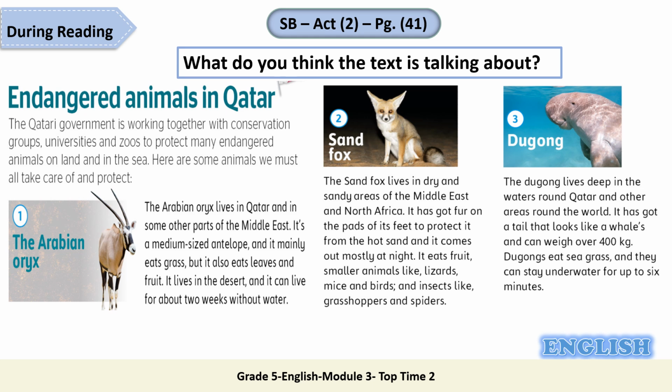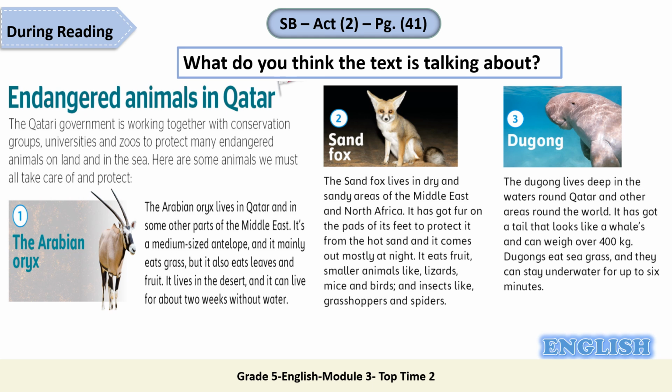2. Sand fox. The sand fox lives in dry and sandy areas of the Middle East and North Africa. It has got fur on the pads of its feet to protect it from the hot sand, and it comes out mostly at night. It eats fruit, smaller animals like lizards, mice and birds, and insects like grasshoppers and spiders. 3.